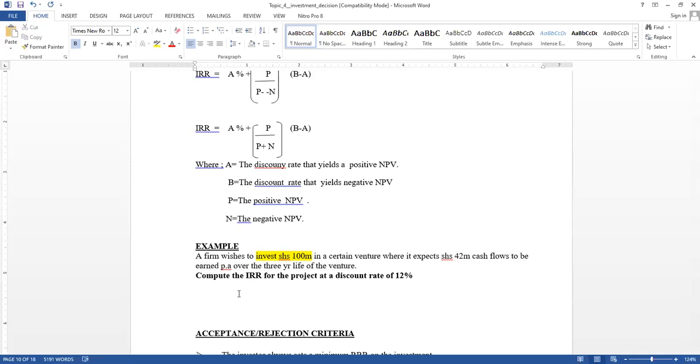I have year 0, and year 0 is when I invest. Initial investment is 100 million, and it is an outflow, 100M.